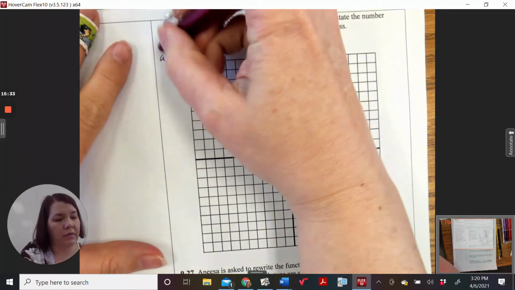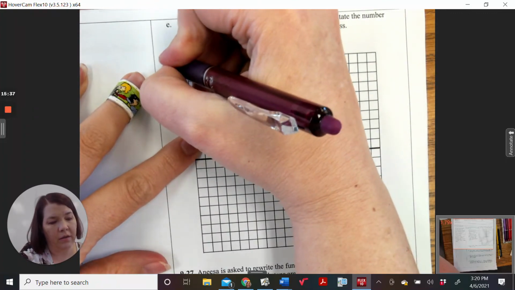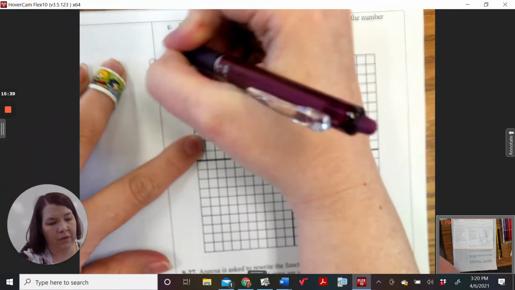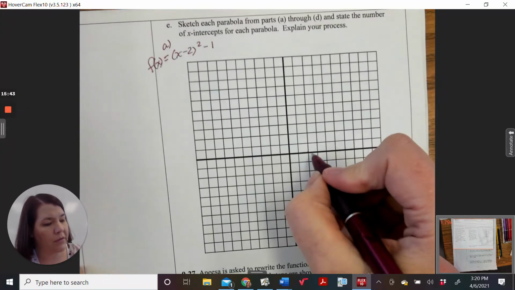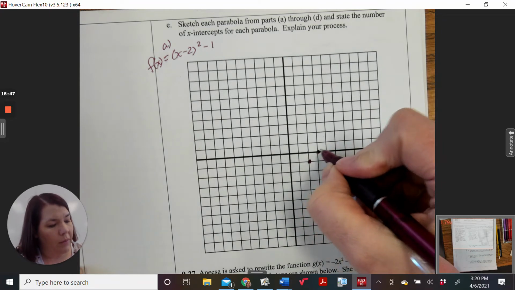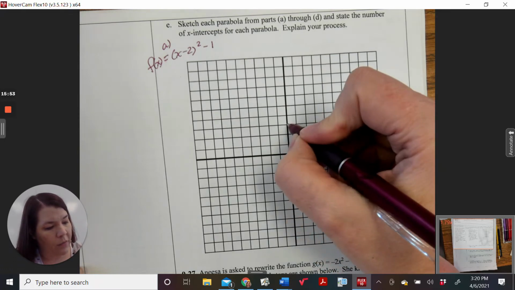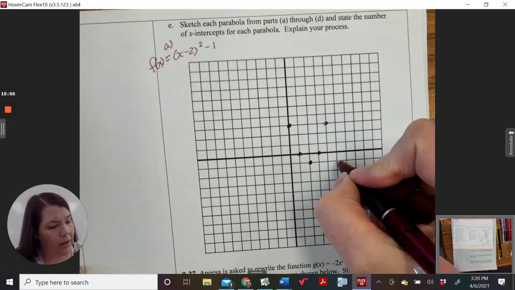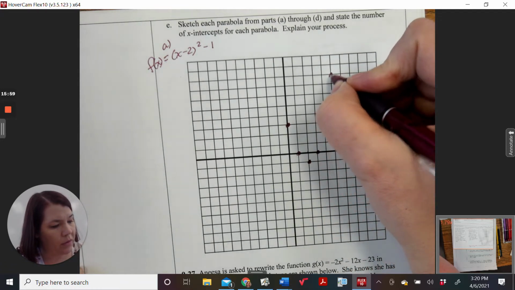I will also label it as f of x. So, my vertex is at positive 2, negative 1. 1 away up 1, 1 away up 1, 2 away up 4 from the vertex, 2 away up 4, 3 away up 9, so that's 4, then 5 more.